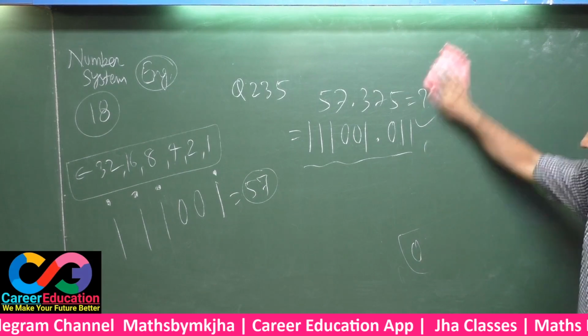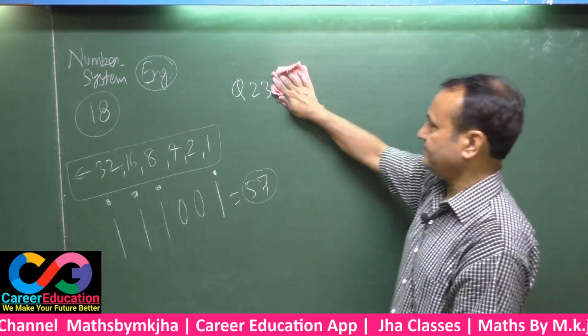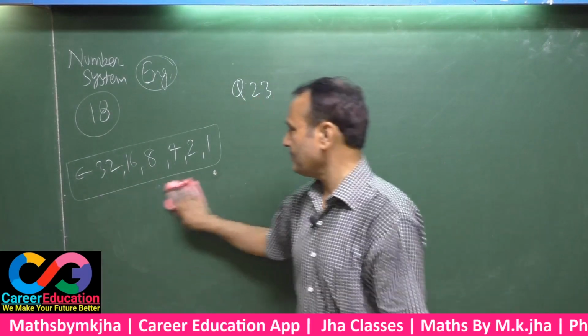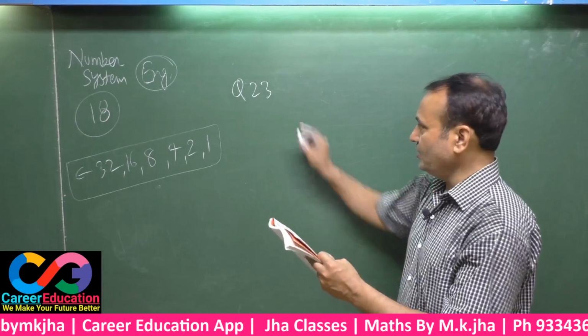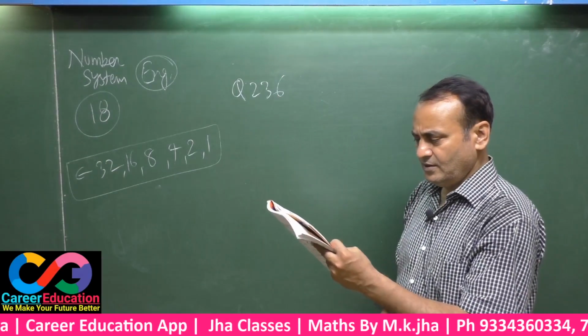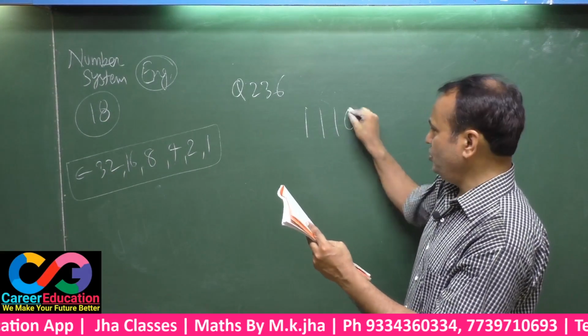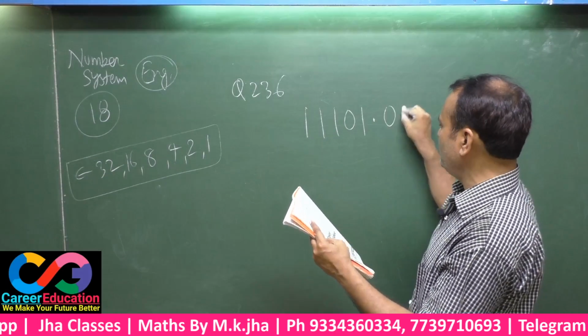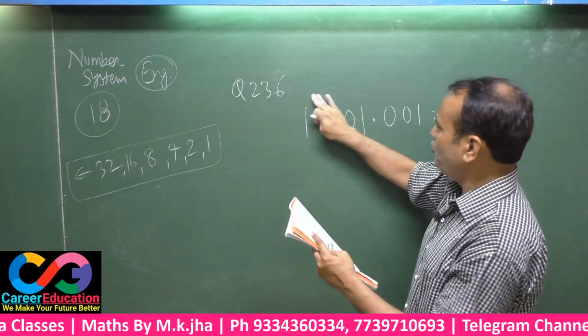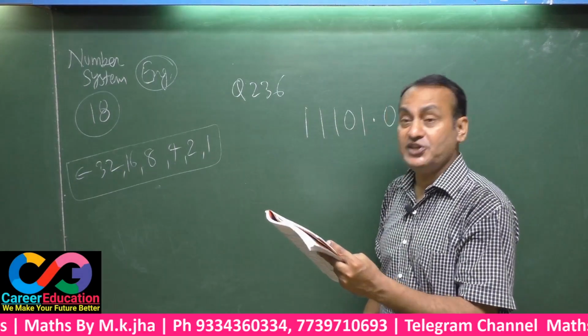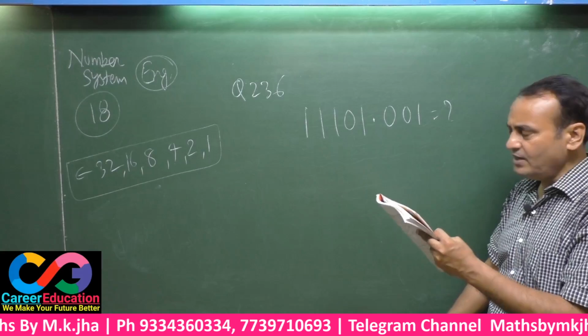Now come to question number 236. This is 11101.001. You have to convert this value into a decimal system number.